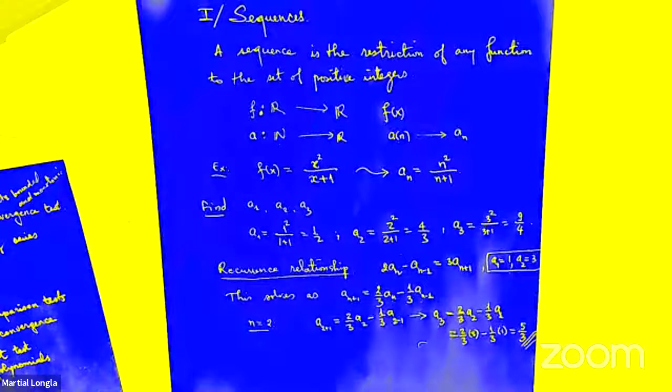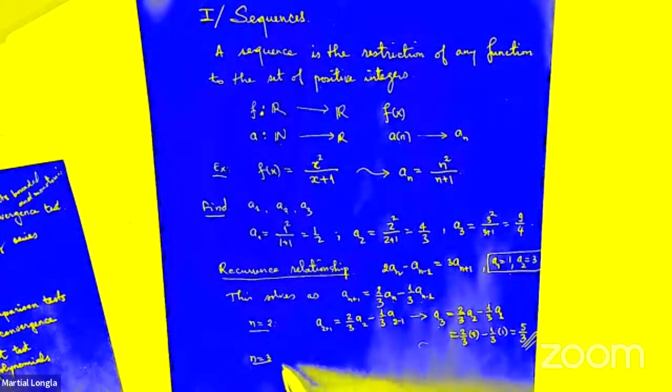To find A4, I plug in n equals 3. If I plug in n equals 3 in this formula, that will be A3 plus 1, that is A4, right? That's A4 equals 2/3. N is 3, so that's A3, minus 1/3.